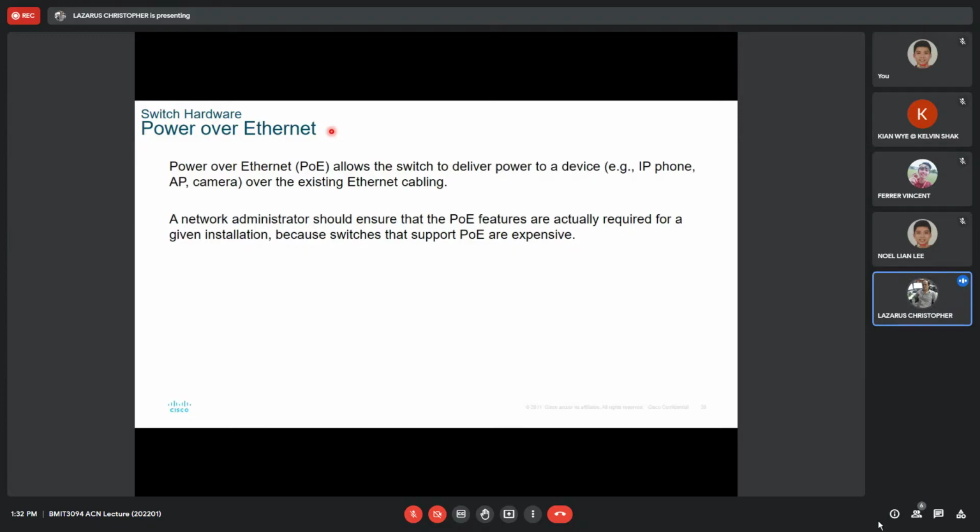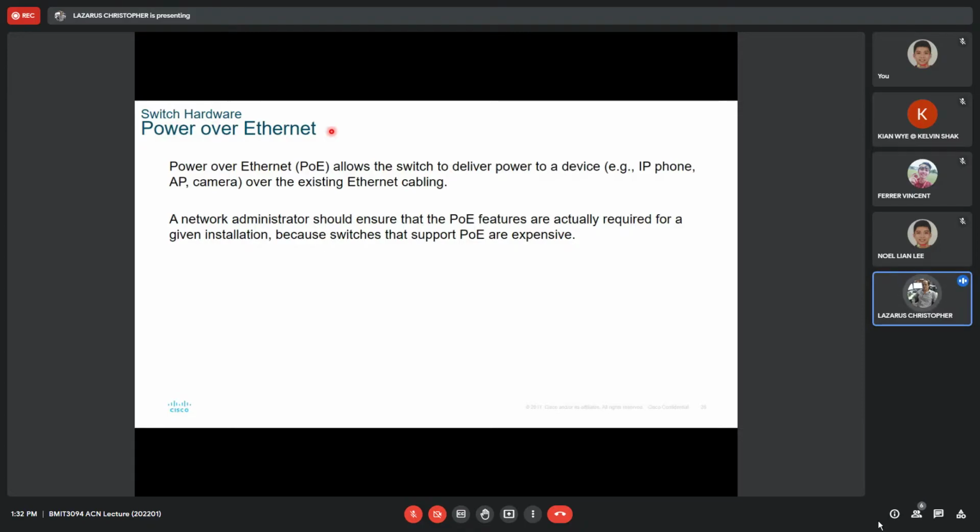That means the same cable that brings in the data can also bring in the power to power the switch. So this is what is called power over Ethernet, right?